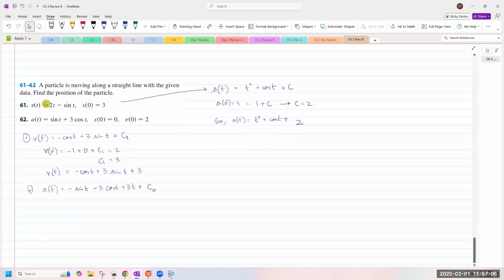And then from there you check again, s(0) is 0. So from there we see that C0 is 3. So the position function must be negative sine t minus 3 cosine t plus 3t plus 3.